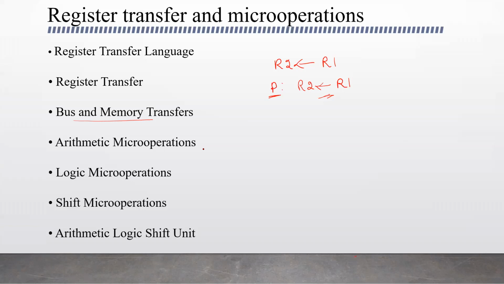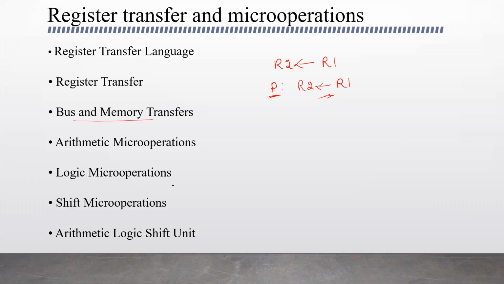For subtraction, complementation, finding the complement of the subtrahend, and then increment and decrement. All these arithmetic micro operations can be done by this arithmetic circuit. And logic operations, the basic logic operations we discussed: AND, OR, XOR, NOT. All these can be done.